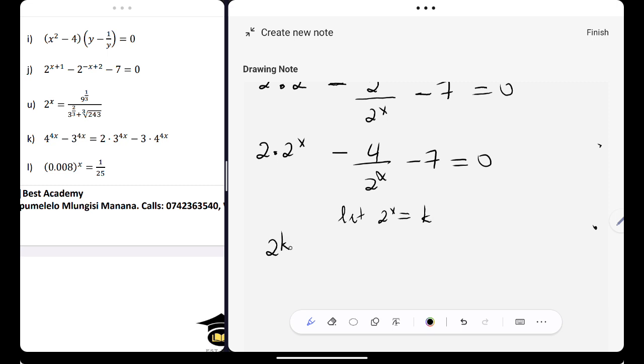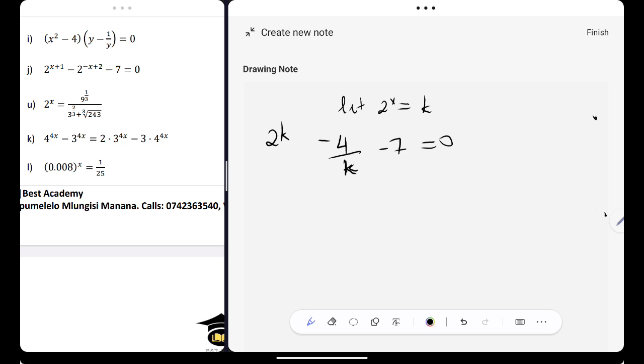So I'll have 2k minus 4 over k minus 7 is equal to 0. Right, together. So here in this case, whenever I have exponent fractions, the first thing I must do is to remove them. And I'll multiply everything by the LCD.